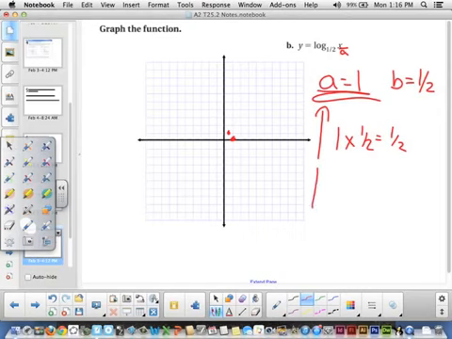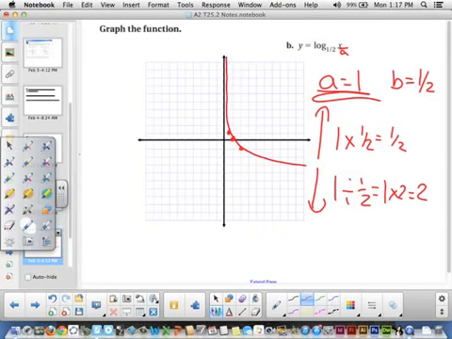And as we go down, we're going to divide. 1 divided by 1/2 is the same as multiplying by the reciprocal. It's 2. And so you see we're going to have the same basic shape, just going the other way, because our log rate is a fraction, less than 1. And we're still going to have ourselves a vertical asymptote at x equals 0.